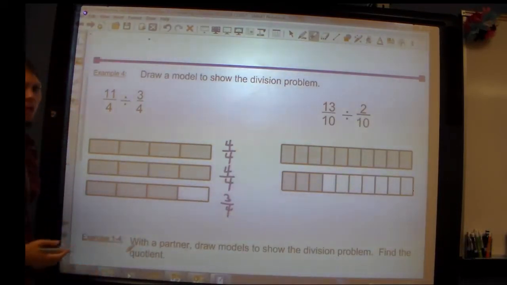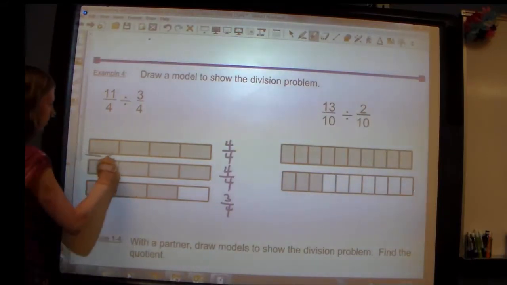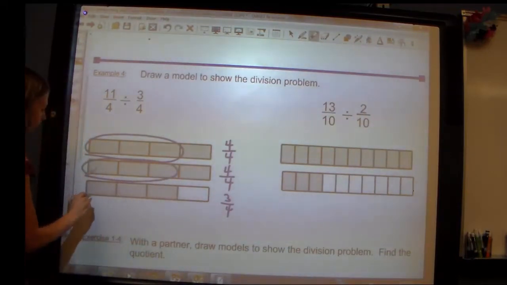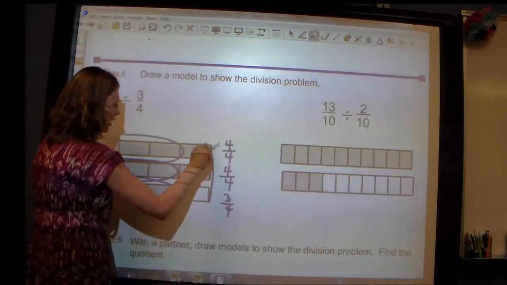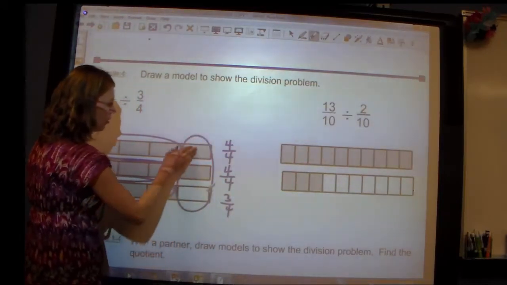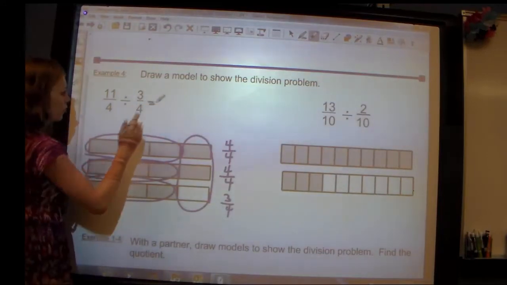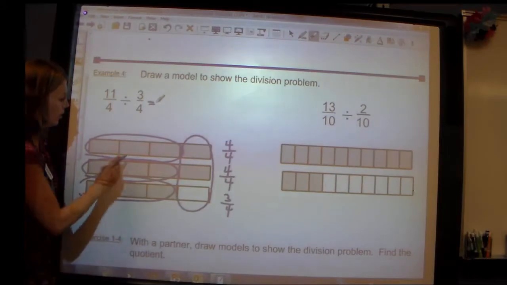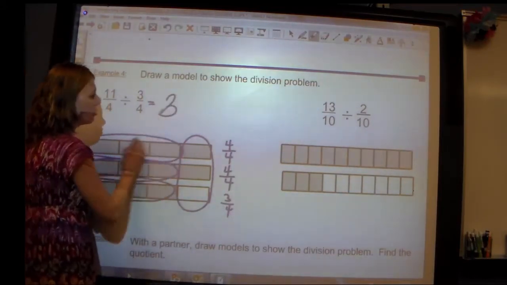So if we want to separate them in groups of 3 fourths, I would circle groups of 3. One group of 3, another group of 3, a group of 3 here, and then I just have enough for a group of 3, although there's only partial shaded. So just like the previous example, I want to take the wholes for the ones that are all the way shaded. There are 1, 2, 3 groups that have everything shaded, so that would make 3 wholes.